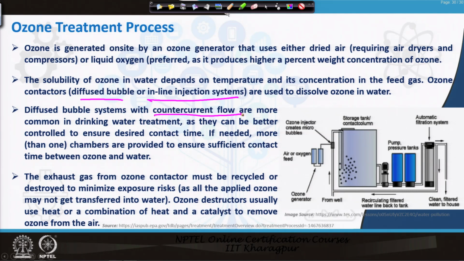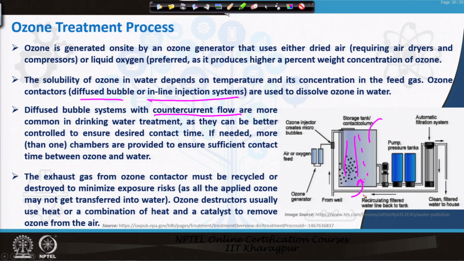Counter current means we will pass water from the top, and the ozone, because it is a gaseous element, will be moving up. So the direction of the flow is different. The water moves from top to bottom, the gas moves from bottom to top. That is called the counter current flow. This is more common for drinking water treatment, as it provides a better contact time.